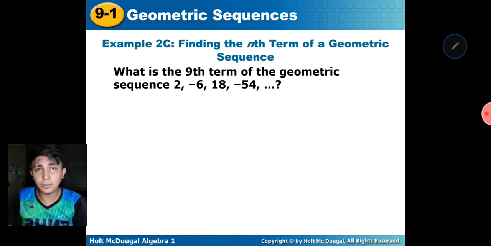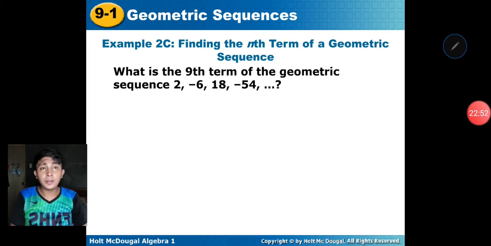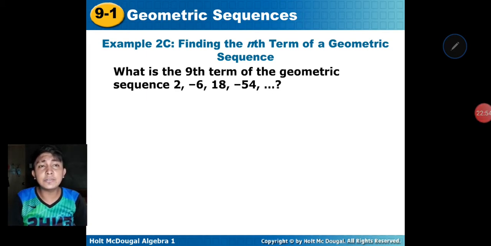So, with the hint that I have given you, we know that if the geometric sequence has alternate signs, okay, we are sure that the ratio or the common ratio is negative. Okay? So, yun na nga, negative ang kanyang r.